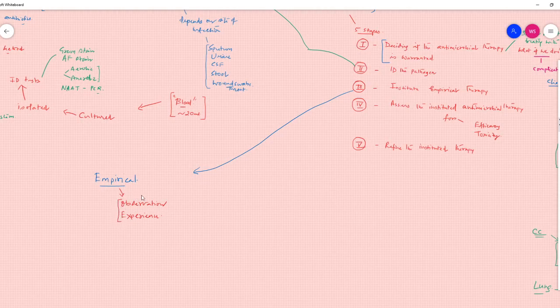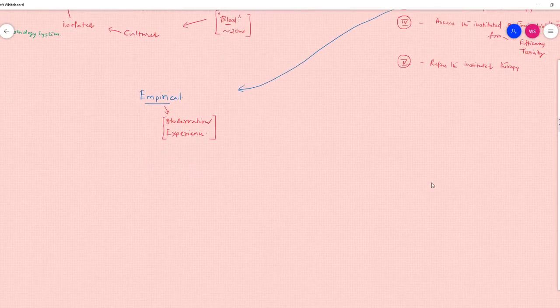Empirical means there has been lots of clinical observation, and lots of clinicians who have experience in treating different types of infections have reported it, and that body of knowledge is basically utilized to select empirical drugs for the treatment of these infectious diseases.